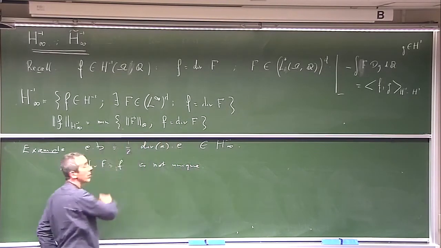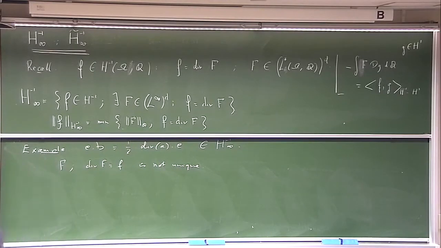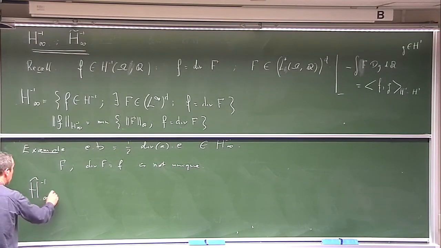Hence the minimum. The set of f's that solve this equation is a linear space. And that's a first space, and then there is a second one, the one with the tilde. The one with the tilde is the same thing, except that we require some smoothness.